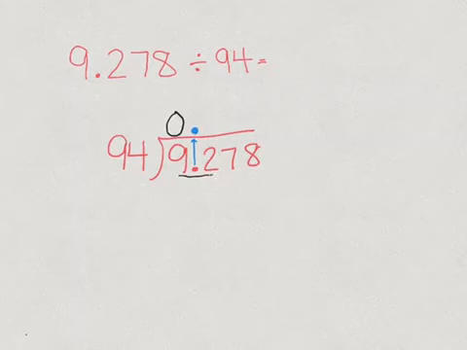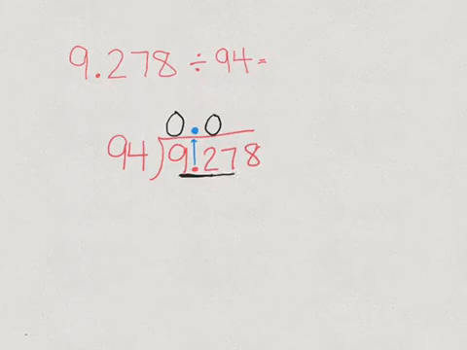I can't divide 92 by 94. Yikes. I have to put a 0 above my 2. Why? Because I just determined that I cannot divide 92 by 94. So that means my number is going to be smaller. My answer is getting smaller and smaller here.